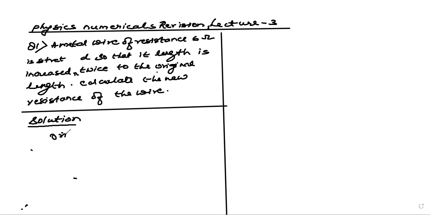Suppose the original length of the wire, let me take it as L1. Original length of the wire is L1.